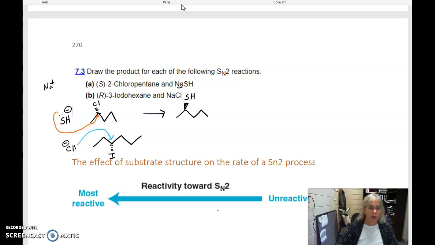The iodine is pulling electrons away. And our product will be 2, 3, and it will be on a wedge. Okay, so whatever was on a wedge is on a dash, dash is on a wedge. And this one was S, and this one is R, this one is R, and this one is S.